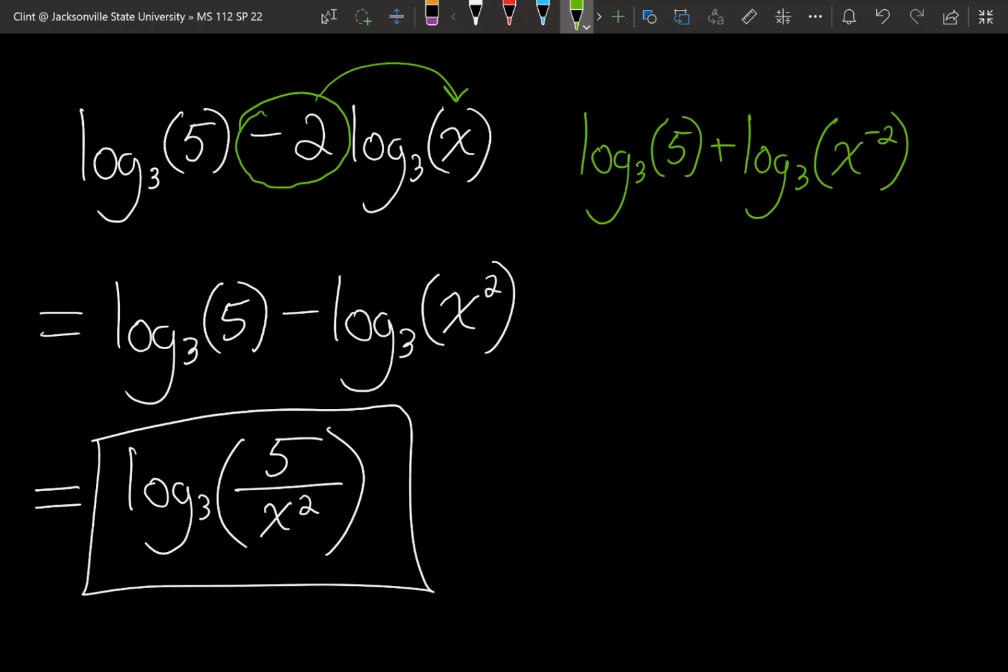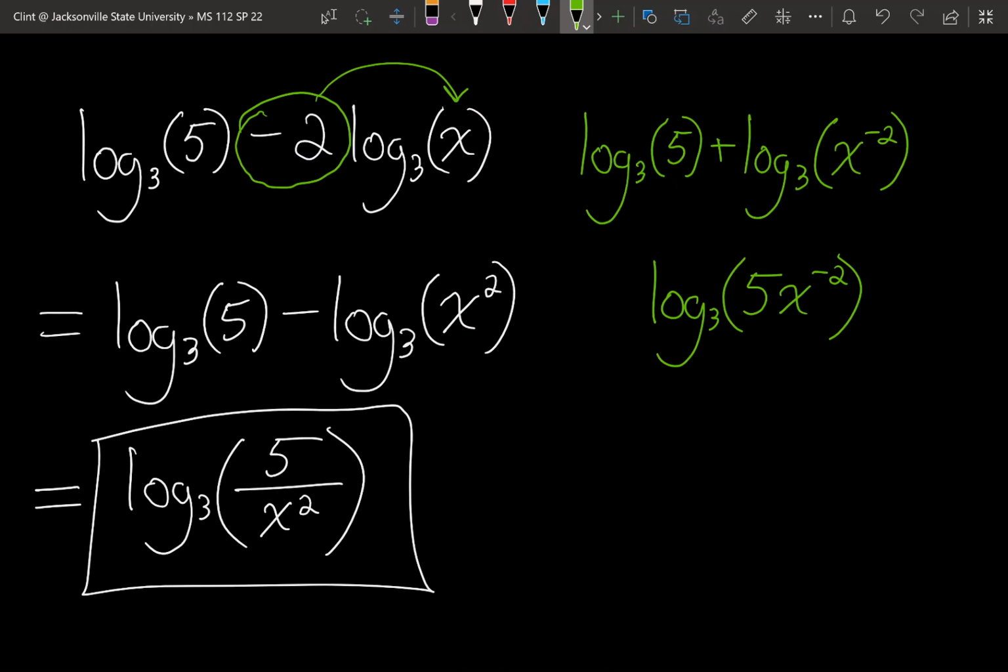And then when we combine these 2 logs, we would multiply because it's plus now. And that's correct also, it just has a negative exponent. If we wanted to get rid of the negative exponent, we would move it to the bottom and get the same thing we got here. I think WebAssign doesn't mention that you can't have negative exponents, so I think it'll take either one of those.